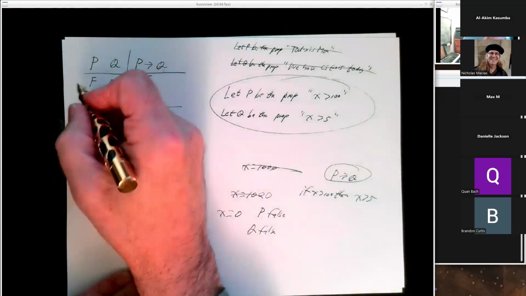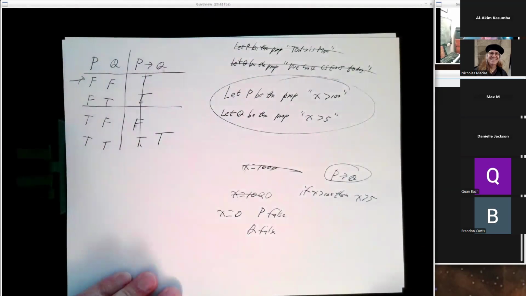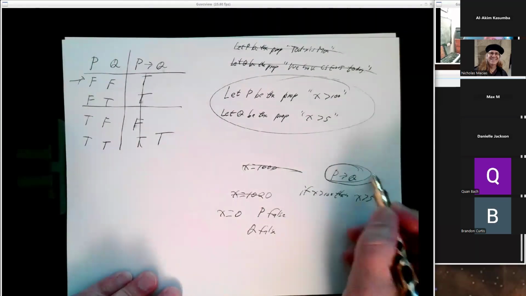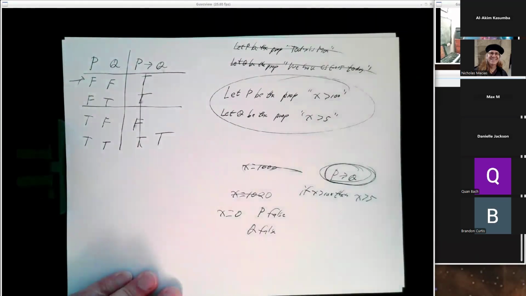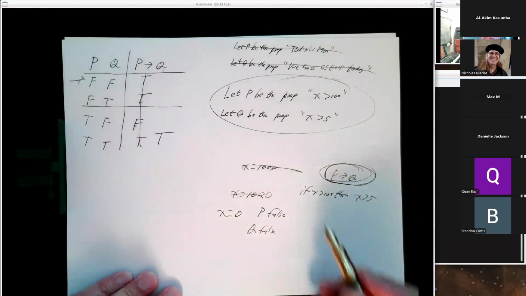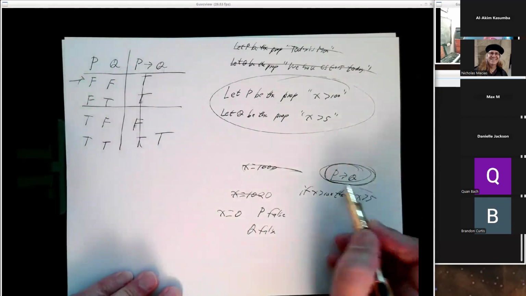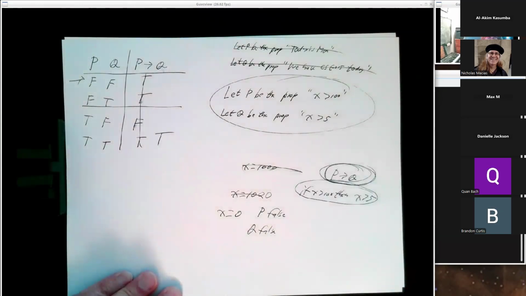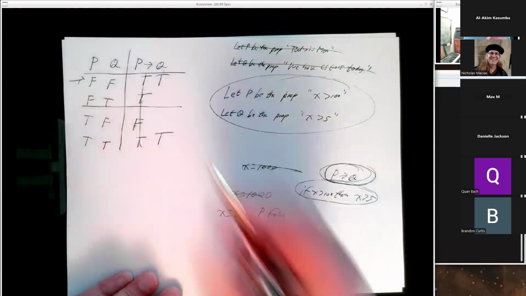So if X is equal to 0, I'm thinking about this first row of my truth table. The fact that I happen to think of an X value of 0 does not suddenly mean that this proposition is false. It's still true that if X was bigger than 100, it would be bigger than 5. X happens to be 0, so this is not true and that's not true, but this is still a true proposition. It's still the case that if X is bigger than 100, then X is bigger than 5. So this has got to be true here.